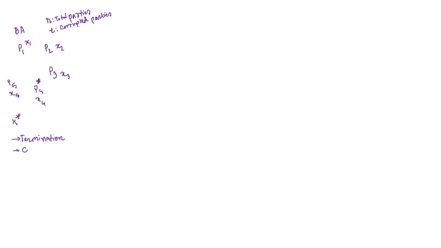And then comes the consistency property that I am talking about. If P4 is a corrupted party, then at the end of the protocol, P1, P2, P3 and P5 should agree upon some common output value X star. And then comes the validity property.